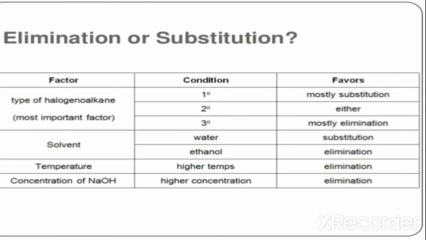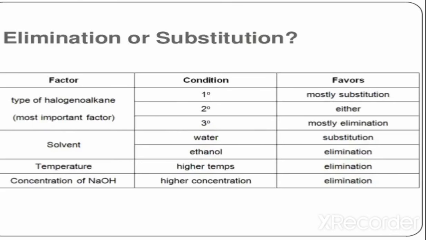Firstly, the most important factor is the type of halogenoalkane. When it is a primary halogenoalkane, containing one alkyl group attached, it mostly favors the substitution reaction. When it is a secondary halogenoalkane, it can be either elimination or substitution.